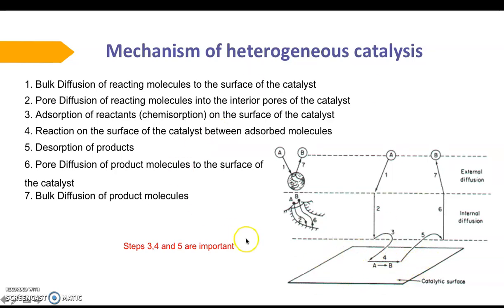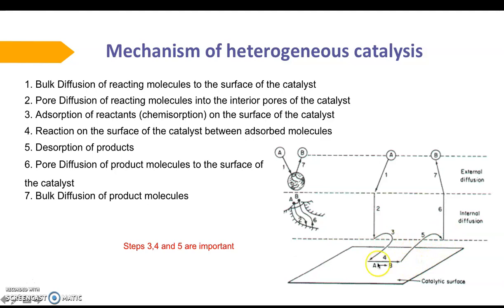That's why initially we learned what an active site is and what the surface area of the catalyst is. The reaction needs to occur on the catalyst surface so that reactant A turns to product B. The fifth step is desorption.